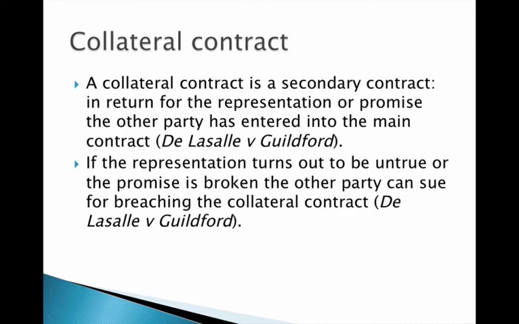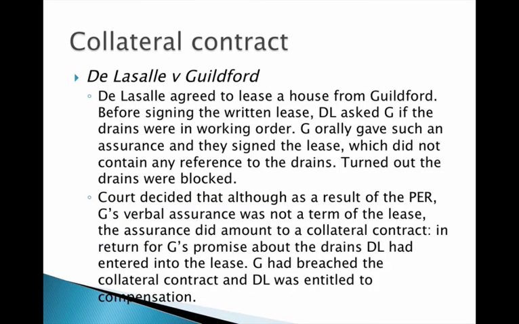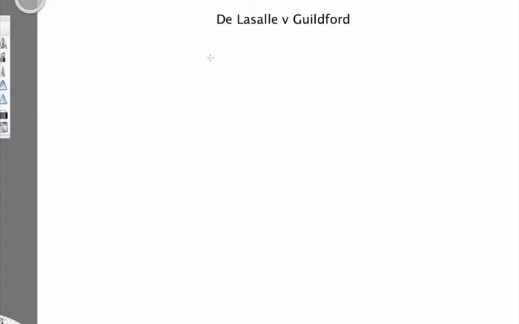De La Salle and Guilford is a pretty good case. So in this case, De La Salle agrees to lease a house from Guilford. So again, we've got our nice house, agreed to lease it, and before signing the lease, De La Salle asked Guilford if the drains were in working order.